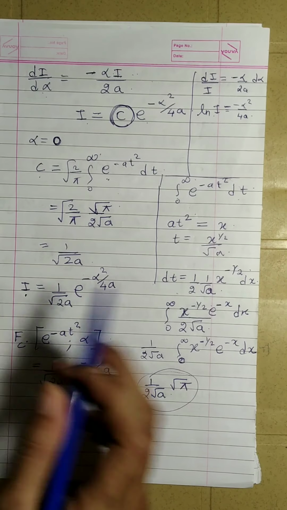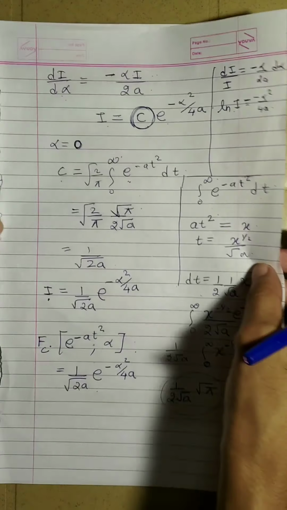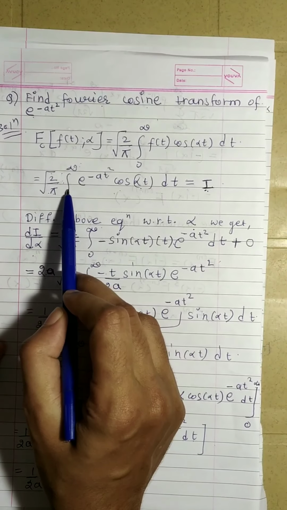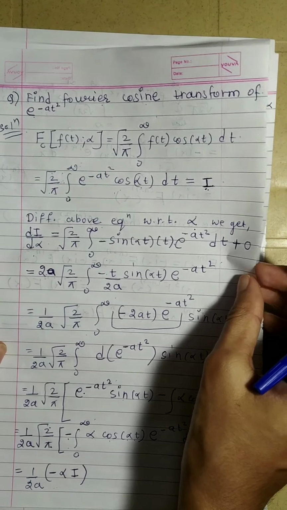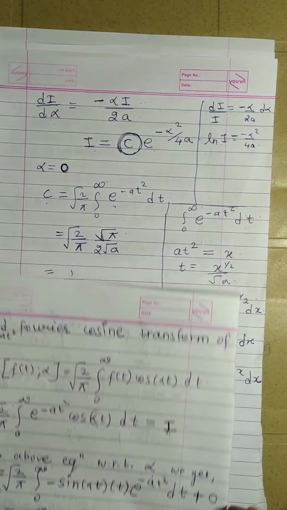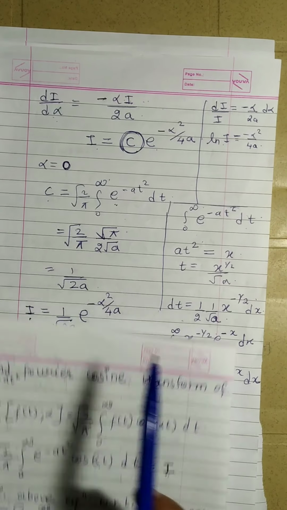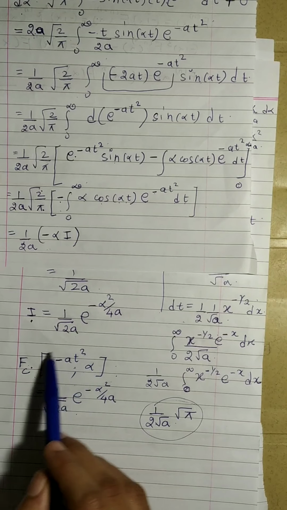This we had considered as I, and now we are getting I equal to this, which is nothing but the Fourier cosine transform of this function.